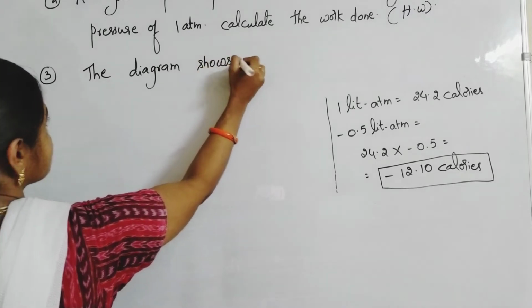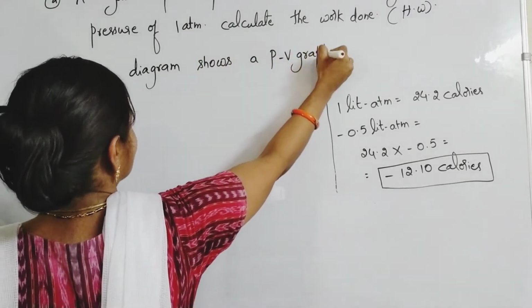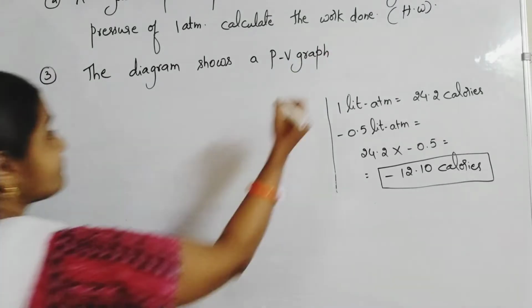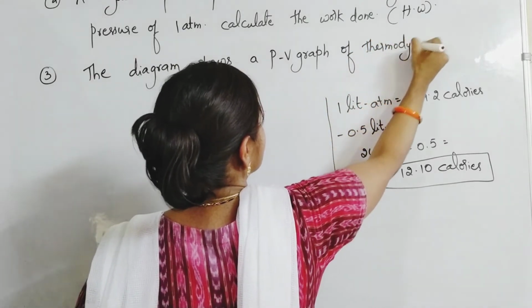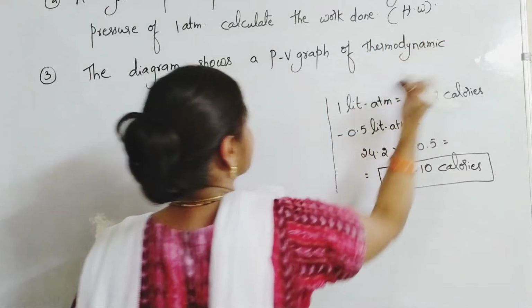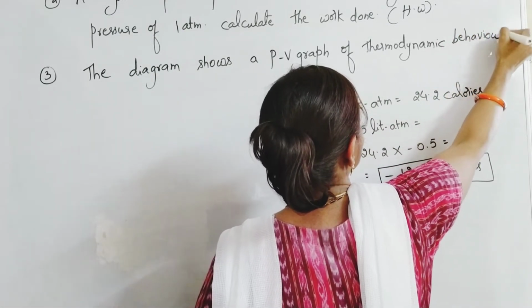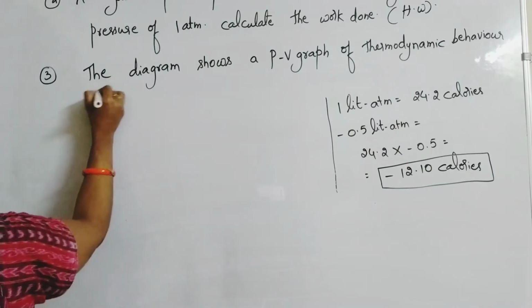The diagram shows a PV graph of thermodynamic behavior of an ideal gas.